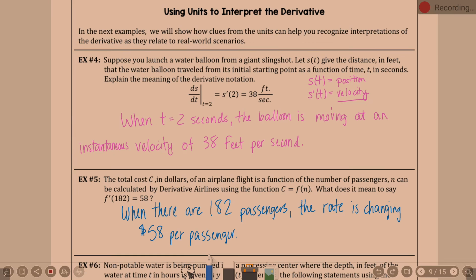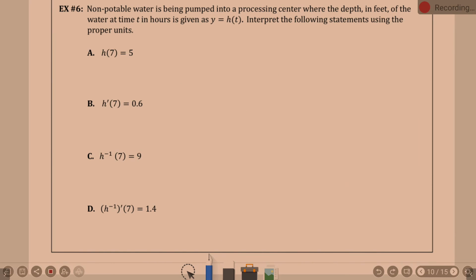Example 6. Last one, right? Non-potable water is being pumped into a processing center where the depth in feet of the water at time t in hours is given by y equals h of t. Interpret the following statements using proper units. h of 7 equals 5.